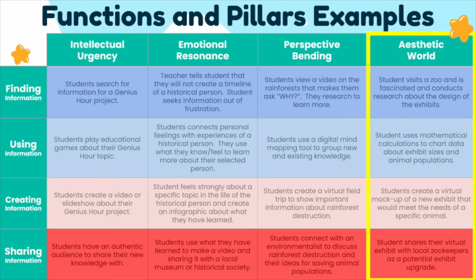Then as you go up to using, creating, and sharing information, you'll see that it gets a little bit warmer because students are engaged, they're into it, they have an understanding, they're passionate about this, and they want to learn more. I wanted to provide that visual because I know I need a good visual every now and then to really help me make sense of how I want students to work through this progression.